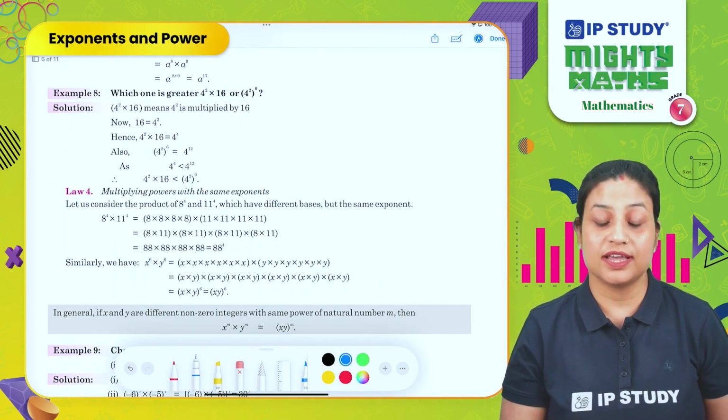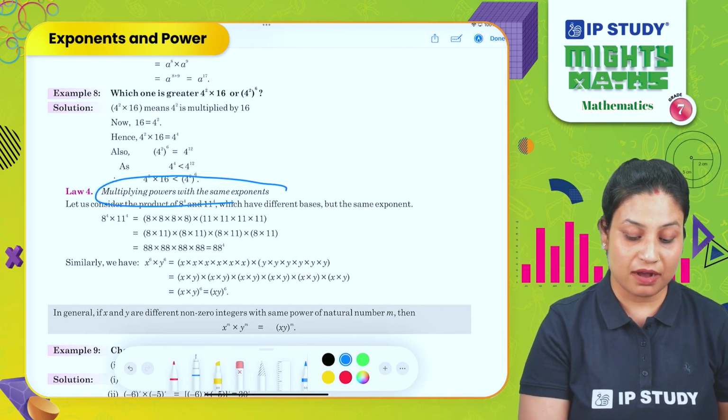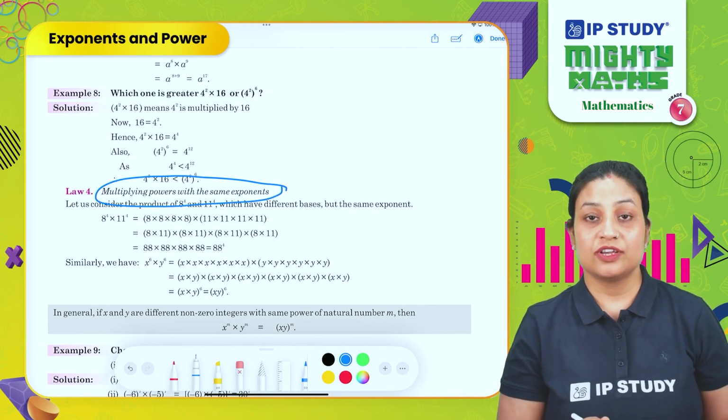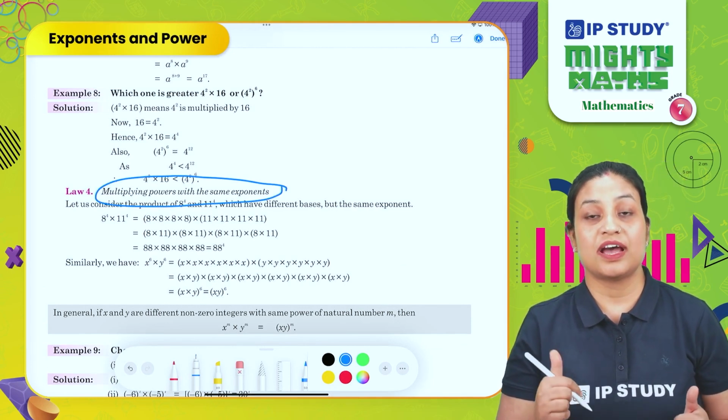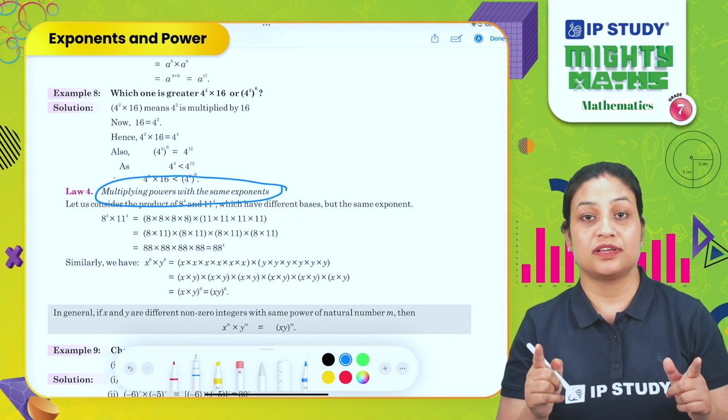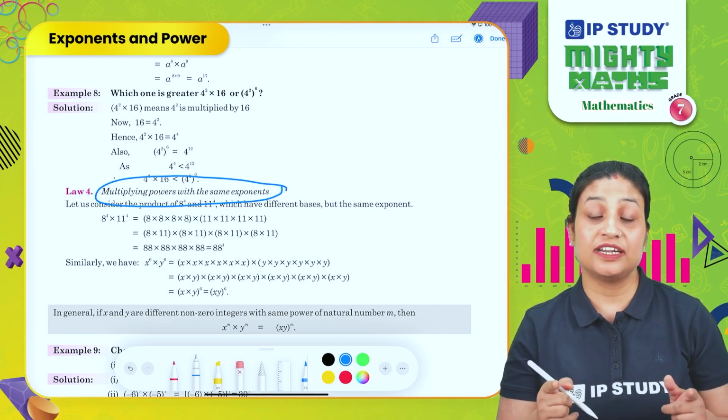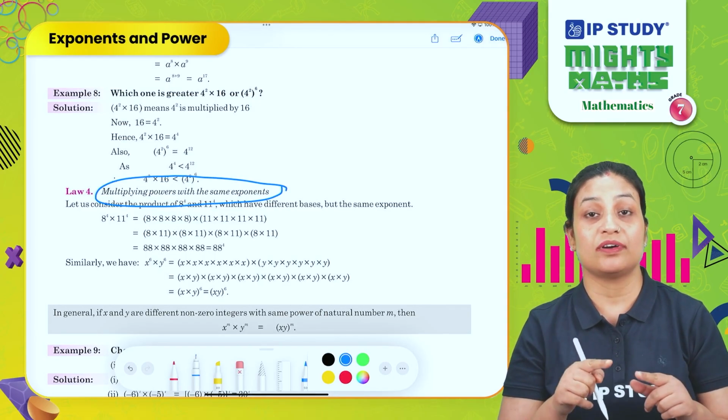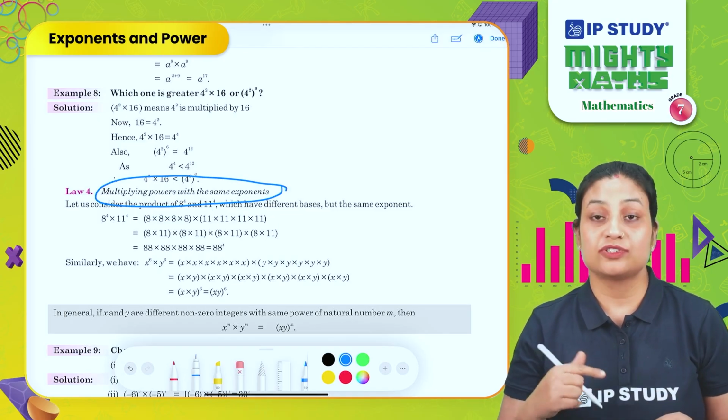Now the next law is multiplying powers with the same exponent. Initially we saw that we have the same base but different powers, right? Now here we will see different bases with the same power. How are we going to multiply it? Let me take an example.